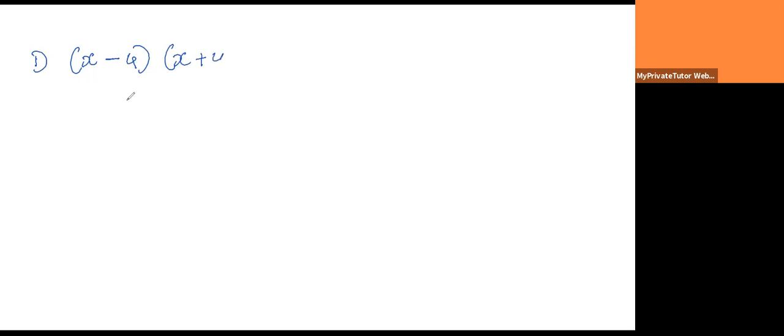What do you mean by that? We can write the answer, which is a squared minus b squared, which for this one is x squared minus 4 squared. What is 4 squared? 16. 4 squared is 16. Do you understand that, Iris? Yes.